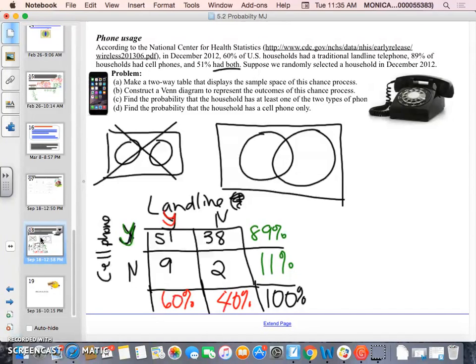So in filling in my Venn diagram, if I call landline here event A, I'll label it L, and then I'm going to call cell phones over here event B. I'm going to call that C for cell phone. What lands in the middle is that 51%.